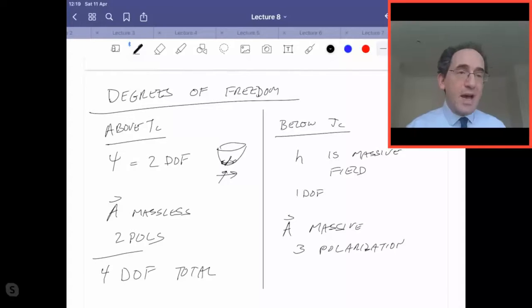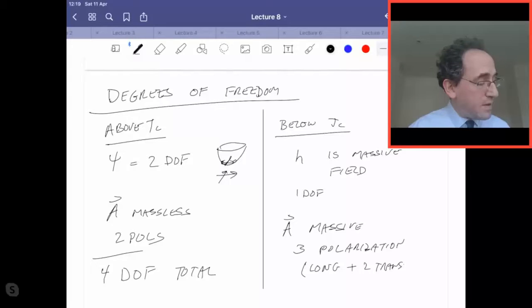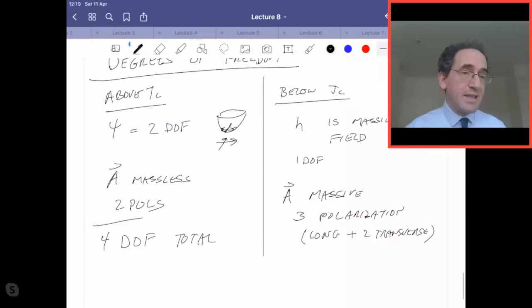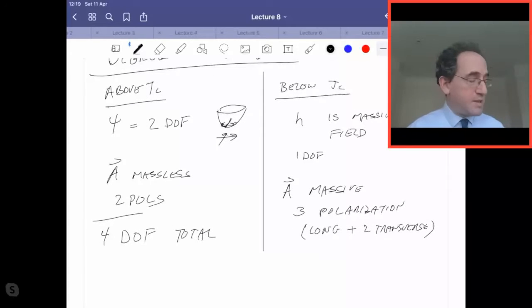So like a phonon, which can be massive, you can oscillate in the direction of propagation. You can have a longitudinal as well as 2 transverse modes. You cannot have a longitudinal oscillation of a massless field moving at the speed of light.